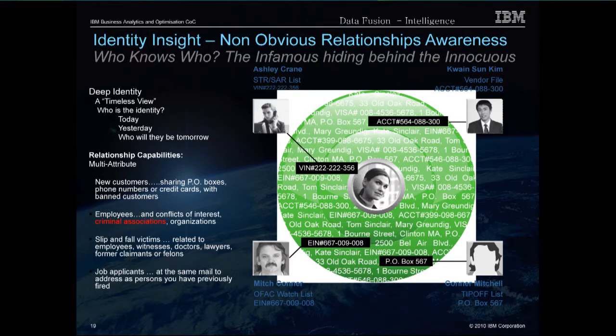Who's the identity today, yesterday, and what they're likely to be tomorrow, looking at the patterns that are coming through there. So it answers, we had a key speaker yesterday, Simon Overland, Chief Commissioner, who said this answers part of that question of what we don't know.